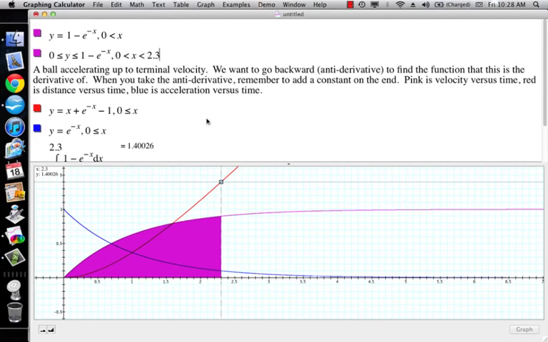And the red function tells you the area under the pink function. So the value of the red function is the cumulative area under the pink function. So that's something more for you to chew on, and that's where I'm going to end this video.